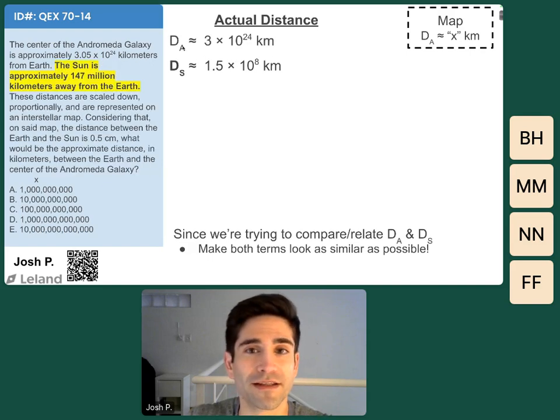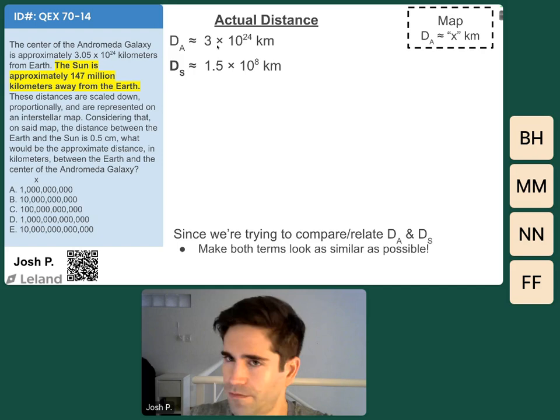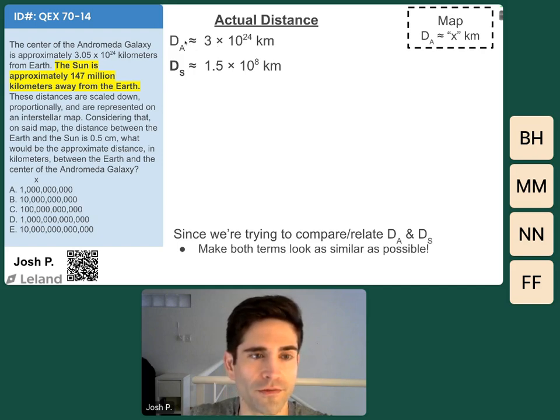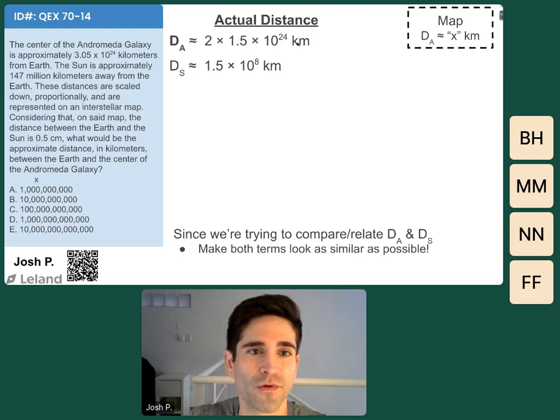But let's make Andromeda's distance look similar to the sun's distance now. So bear with me. We have Andromeda's distance as 3 times 10 to the 24th kilometers, which is equivalent to 2 times 1.5 times 10 to the 24th. And I do this, why?